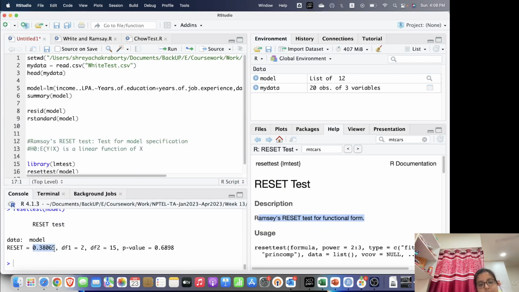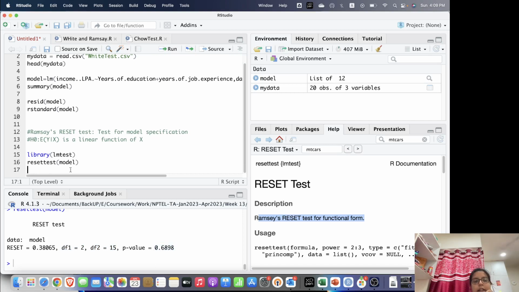This is the reset test statistic. These are the degrees of freedom of the F test, and this is my p value. So judging by p value, what do we find here?